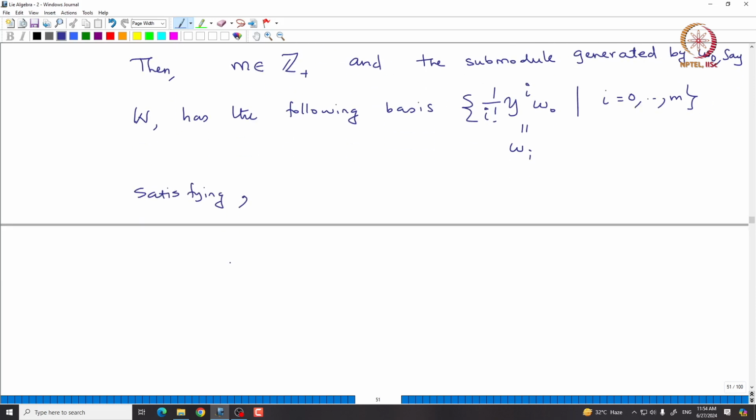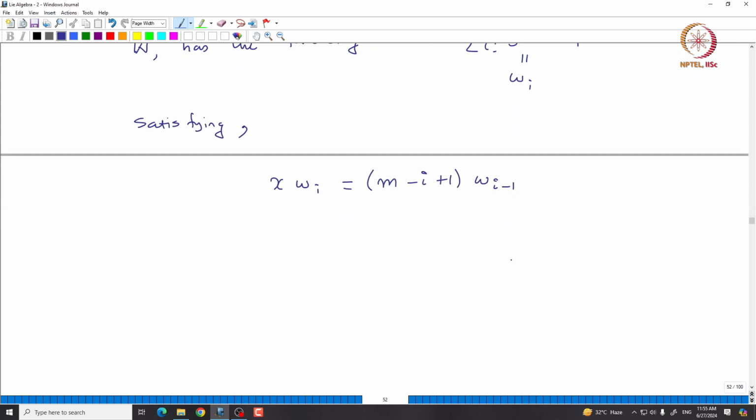If you take x Wi, it gives m minus i plus 1 times Wi minus 1, where we assume W minus 1 is 0, and i varies from 0 to m.